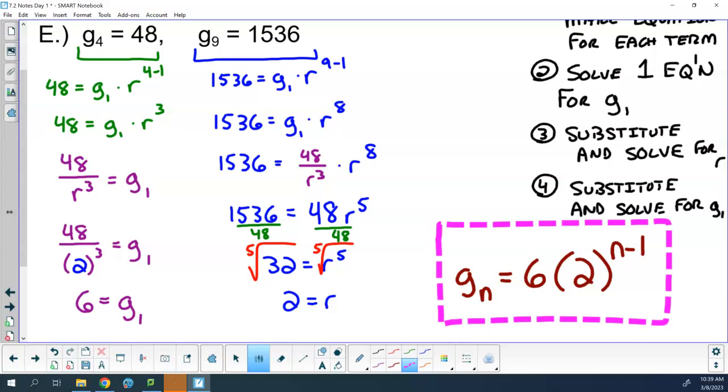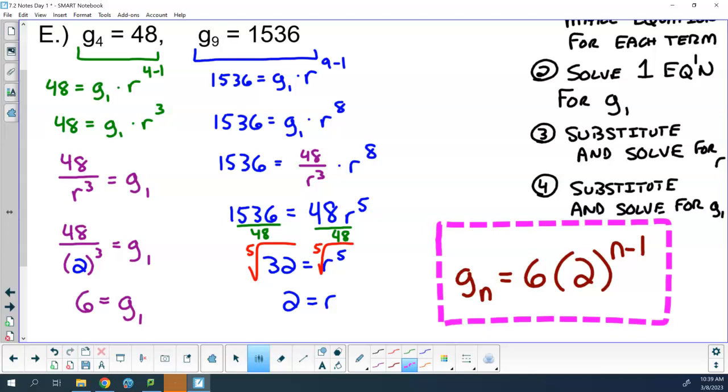Now, if you notice the process that we just did, if I'm following the blue all the way down, we took the 5th root. Taking an odd root, not a problem. What happens in math when you take an even root?